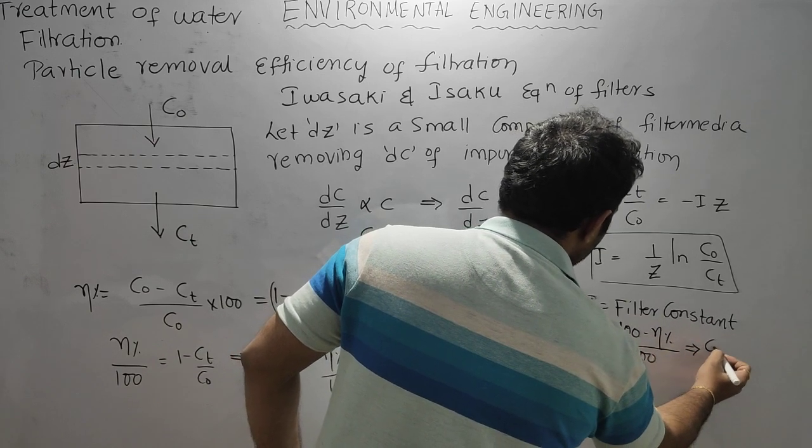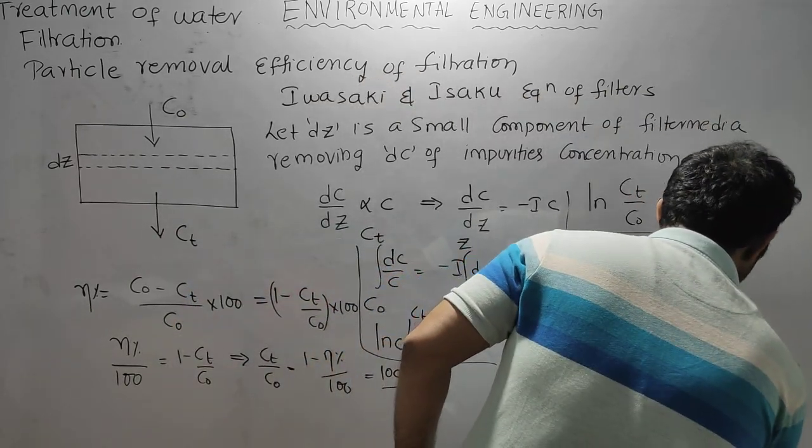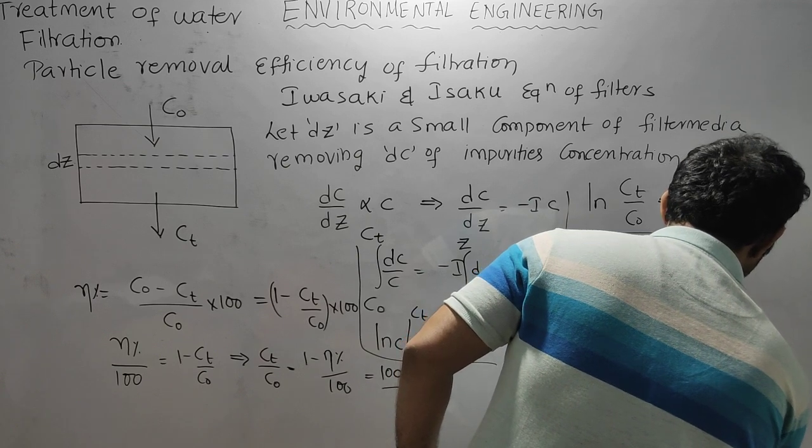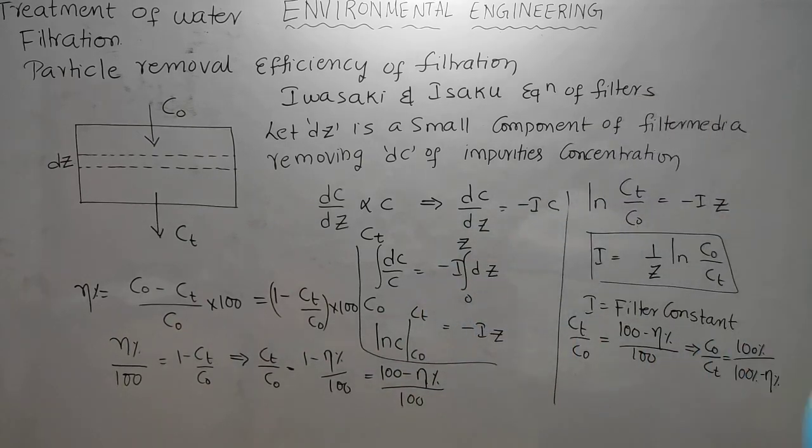It implies C0 by Ct is equal to 100 percentage by 100 minus efficiency percentage. So C0 by Ct is equal to 100 by 100 minus efficiency. Okay, so now I can replace this C0 by Ct.